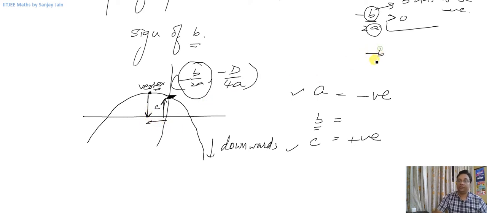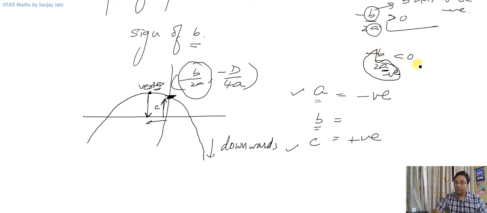So minus b by 2a is less than 0 in this case, right? And what about a? A itself is negative. So if you consider a negative, then this negative and this negative makes it positive, right?